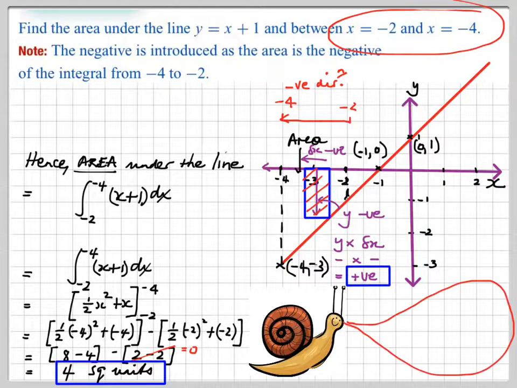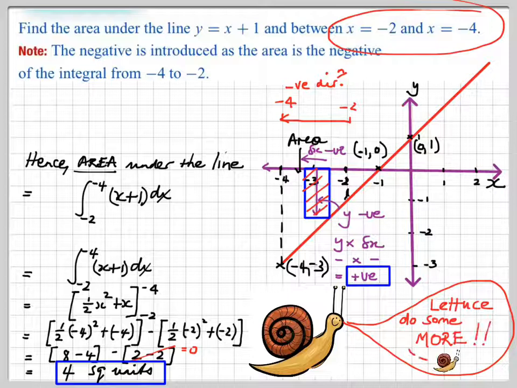Oh, Mr. Snail, do you want to say something to us? Oh, I think he does. What does he want to say? Oh, let us do some more. Ha, ha, ha, Mr. Snail. Because you see, guys, if you're a vegetable gardener like me, you'd know that snails love lettuce.